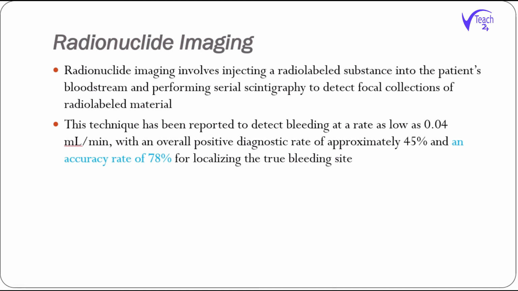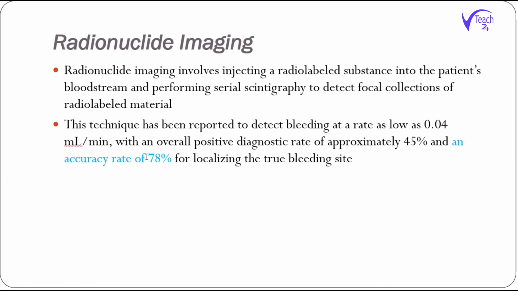Radionuclide imaging involves injecting a radiolabeled substance into the patient's bloodstream and performing serial scintigraphy to detect the focal collection of the radiolabeled material. This technique has been reported to detect a bleeding rate as low as 0.04 ml per minute, with an overall positive predictive value of 45% and an accuracy rate of 78% for localizing the true bleeding site.